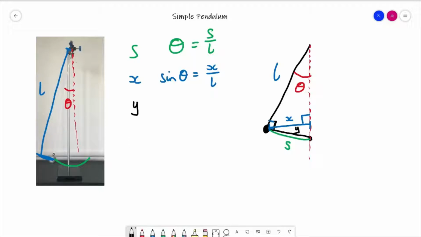When we take L on the left that we've drawn and Y as our two sides, with the red dotted line as the hypotenuse, we can see that tan of theta, which of course is opposite over adjacent, is Y over L. Now here comes the mathematical trick that we're going to use. You may have heard of it, but we're going to use what's called the small angle approximation.